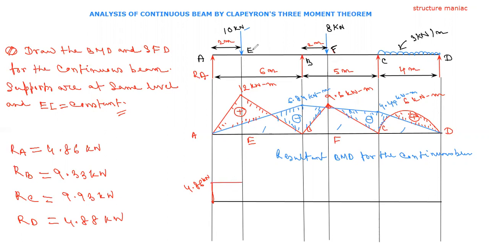Now in between A and E there is no load acting, so it is a straight line. Then at point E, a downward load is acting, which makes it go down by 4.86, so the value will be 10 minus 4.86. Sorry, it is 9, not 10 kilonewton.